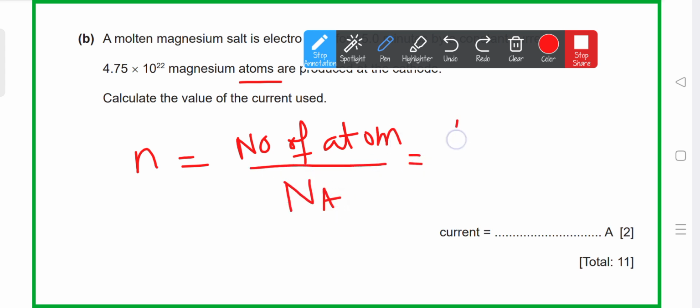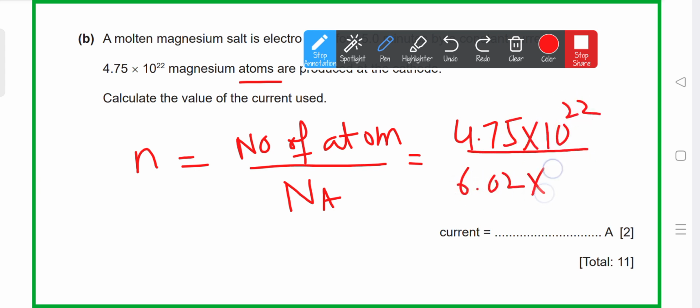So it's 4.75 times 10 to the power 22, and Avogadro's is 6.02 times 10 to the power 23. If you divide them, what answer do we get?